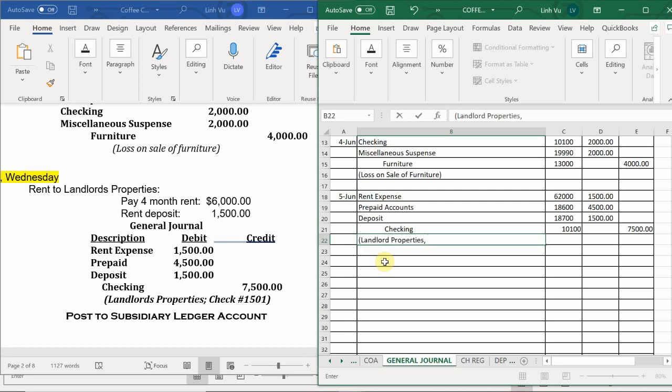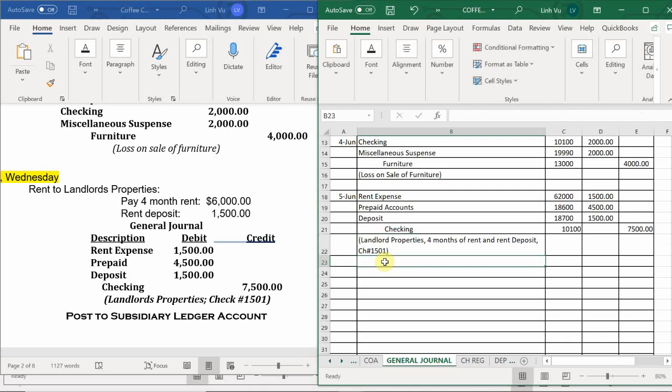And I can justify that I paid for 4 months of rent and rent deposit. And I can also go as far as saying, how do I know I have proof that the transaction has happened? I wrote check number 1501.